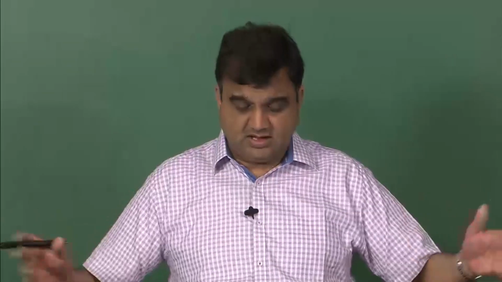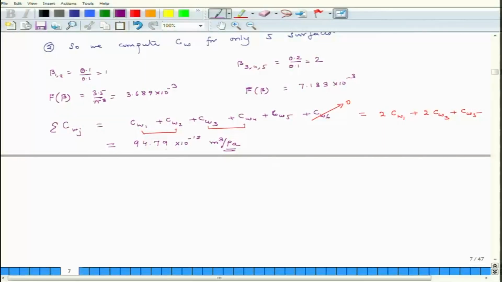If I apply a pressure of 1 Pascal, the volume of the system is going to increase by 94.79 times 10 to the power of minus 12 cubic meters. This is what it means. So, now that I have computed the compliances, W_in by W_out equals 1 plus, what is our relation?